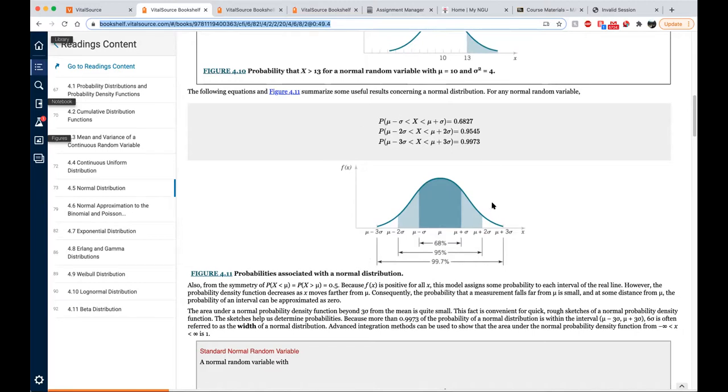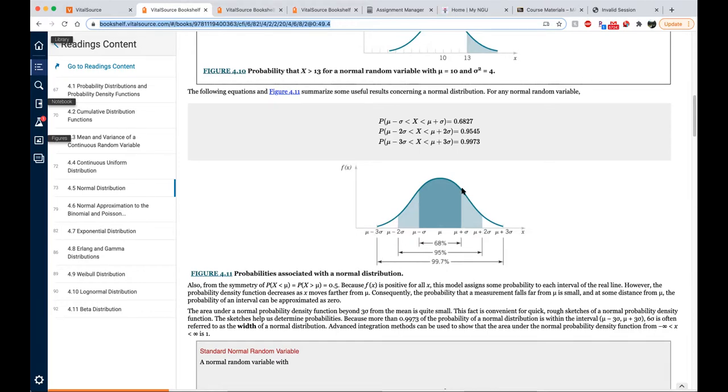In this graph of the normal distribution, 68% of the values of the random variable are within mu minus sigma to mu plus sigma, which means within one standard deviation. Then 95% of the values of the random variable are within 2 sigma, and 99.7% of the values are within 3 sigma, 3 standard deviations.